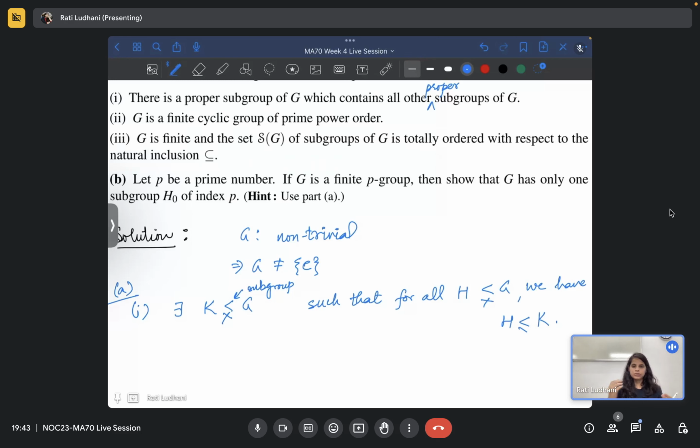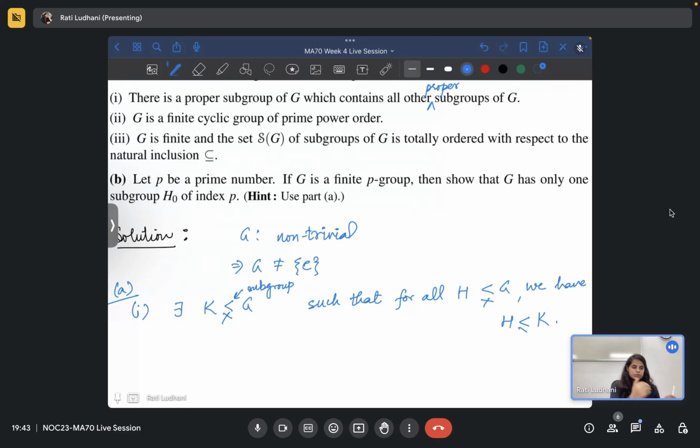If you think about a maximal ideal in a ring, there is no bigger one, but here it is a unique maximal ideal, kind of that thing. So K is maximal in the sense that all the subgroups of G which are not equal to G are subgroups of K. Is that condition clear?